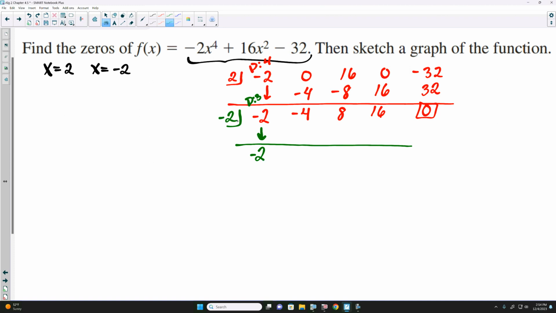And this time we can use our other solution of negative 2 to do this again. Now our negative 2 times negative 2 is positive 4. Negative 4 plus positive 4 is 0. Negative 2 times 0 is 0. 8 plus 0 is 8. And negative 2 times 8 is negative 16. And 16 plus negative 16 is 0.